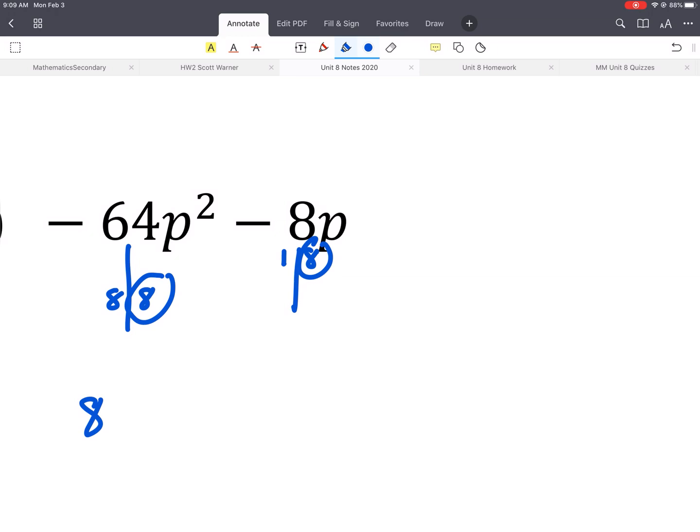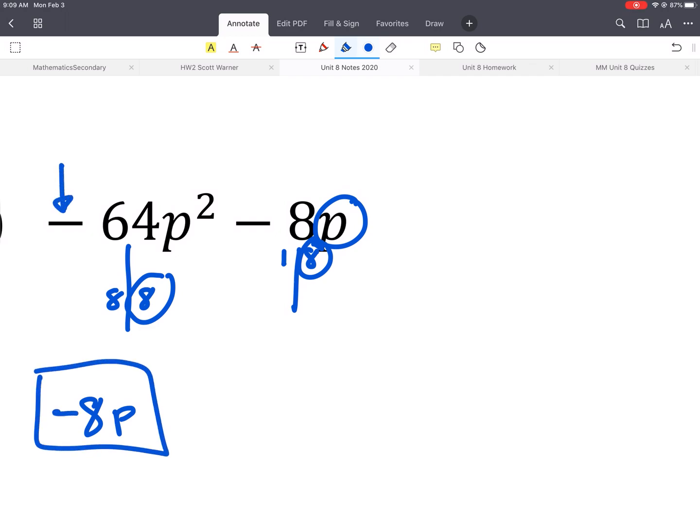So like here I did 1 and 8, that was the first one you'd write down, and I know that that's the highest that it can be, and 8 goes into 64, so that is your greatest common factor. All right, and then p would be our greatest common factor for the variables. And then we have a leading negative, so it'd be negative 8p.